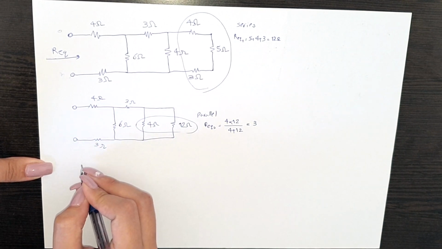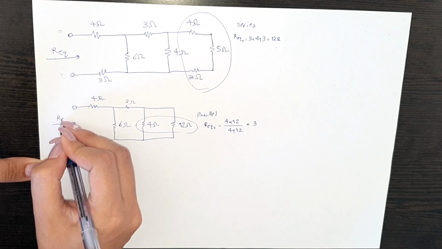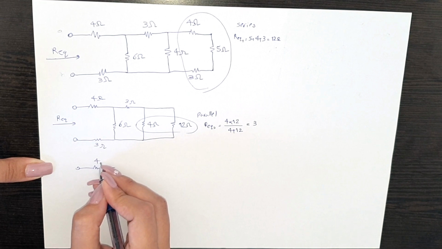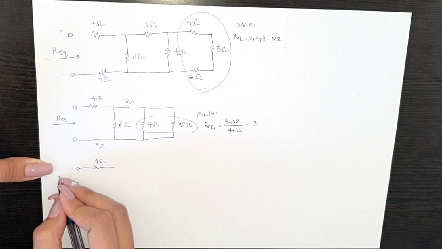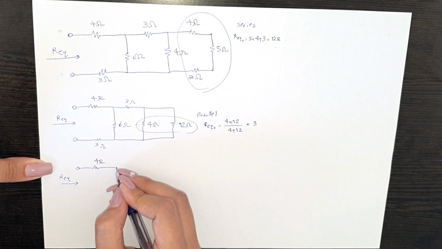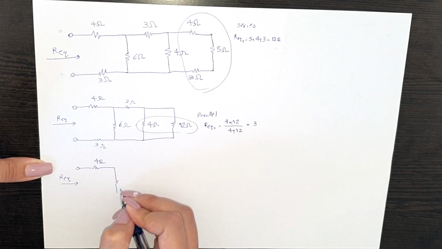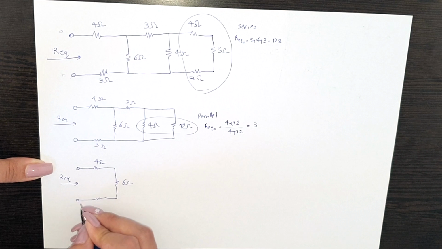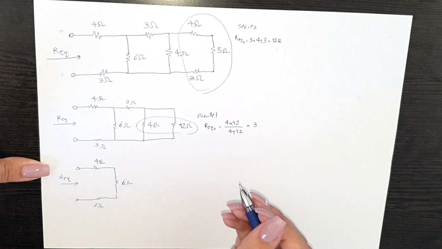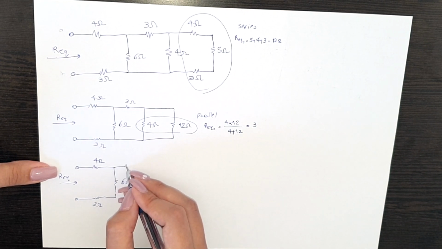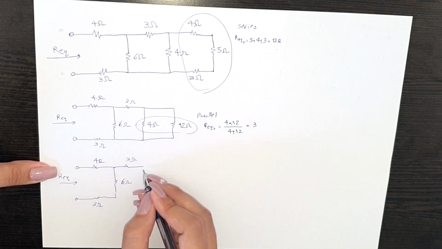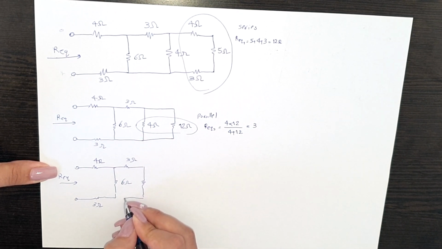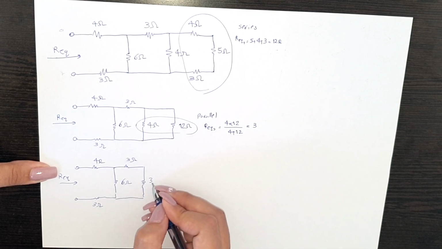So I'm gonna be drawing this circuit again with our new equivalent resistor. And now I'm putting, instead of this resistor, the equivalence of it with the other resistor, which is 3 ohm.